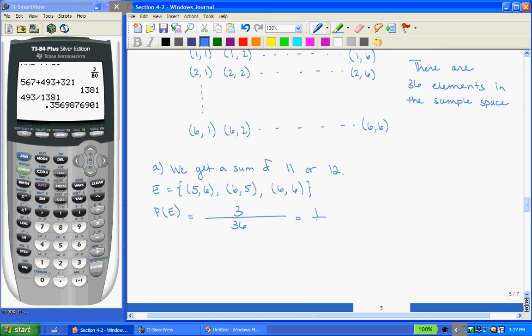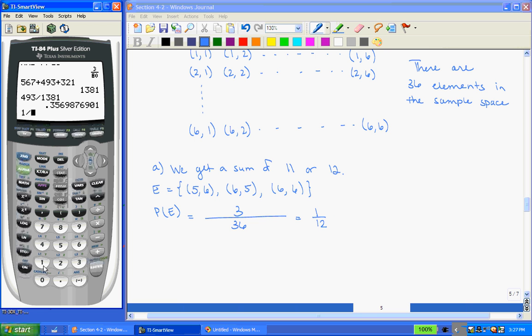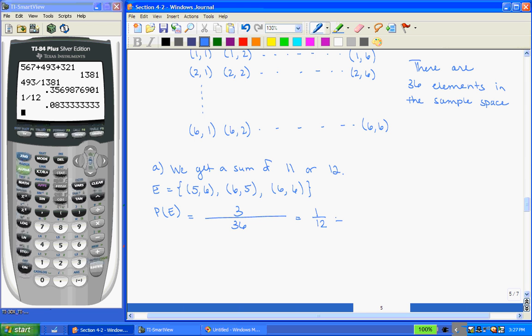So that reduces to 1/12. And in a problem like this, they would probably ask you to leave it as a reduced fraction. But if we want it as a decimal, that'd be 0.083, where the 3 is repeating. So to 2 decimal places, that would be 0.08.